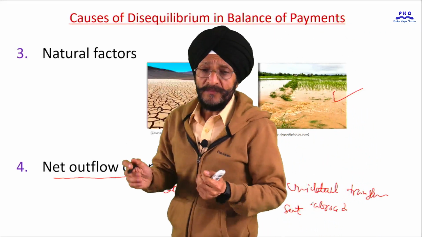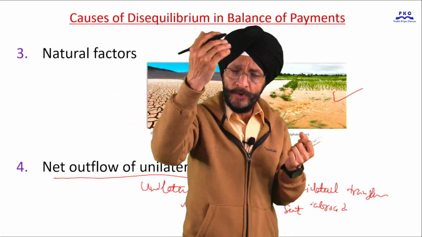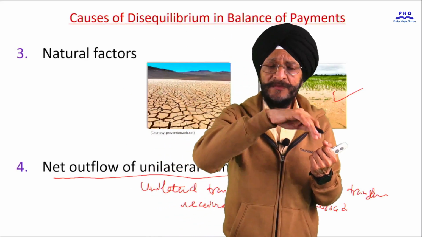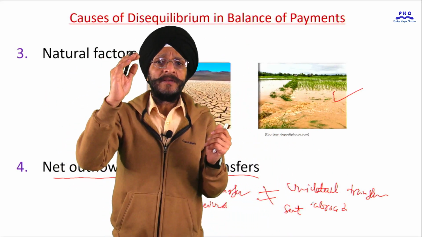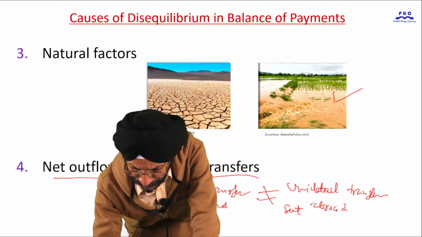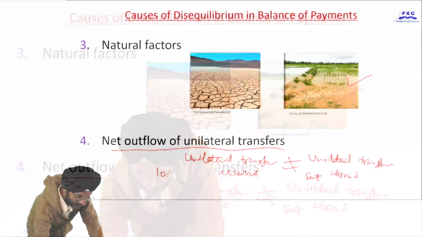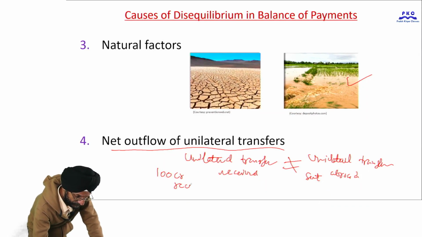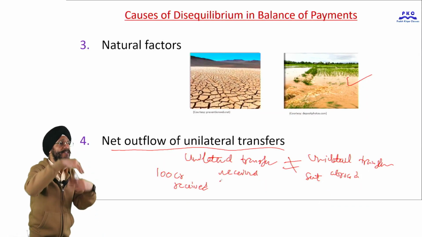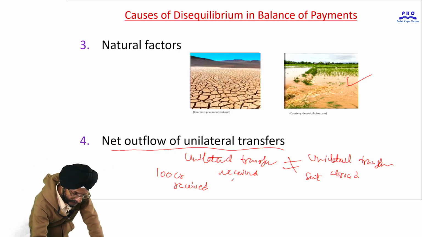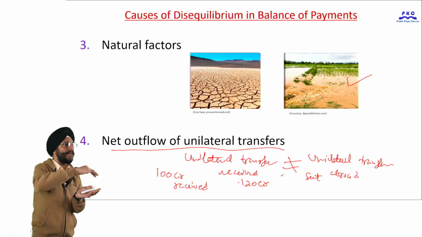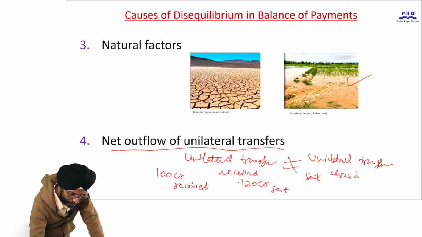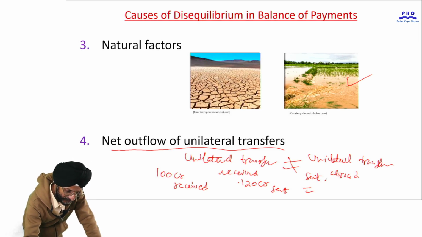That is, the net result may result into disequilibrium. For example, suppose we receive, say, 1000 crore in foreign aid from the rest of the world, whereas we send, say, 1020 crore rupees abroad as unilateral transfers. So what is the net?